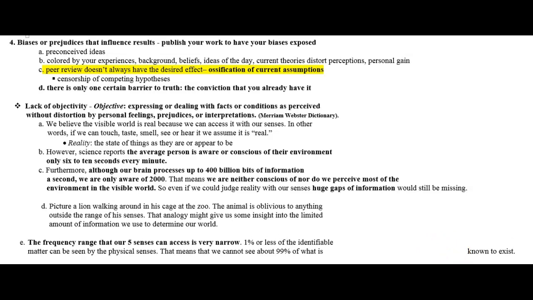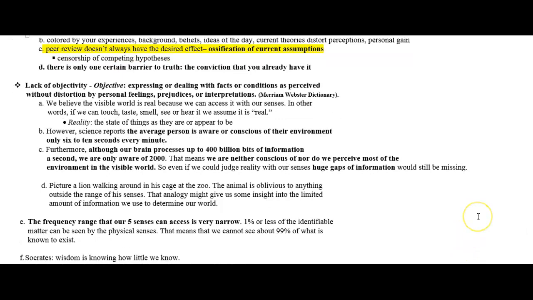Science reports the average person, and we mentioned this before, is aware or conscious of their environment only 6 to 10 seconds every minute. Remember talking about blinking in and out? That's not very much. One reason why you got to study over and over and over again.